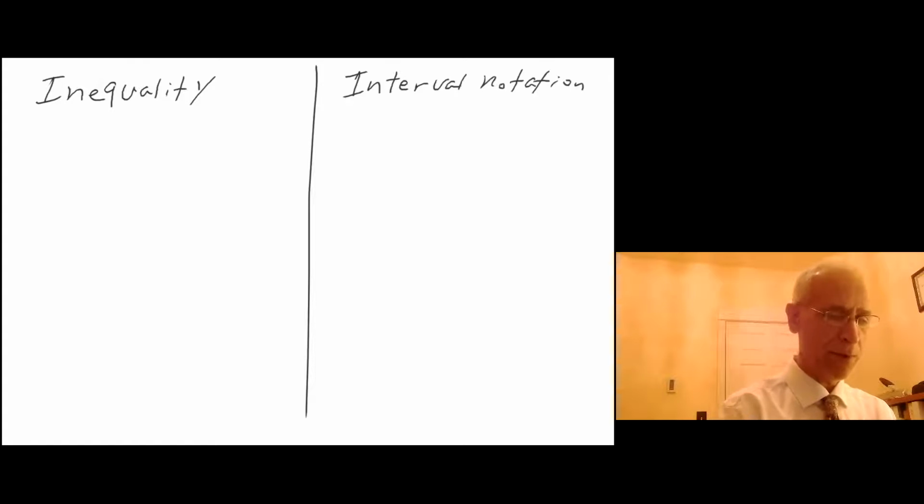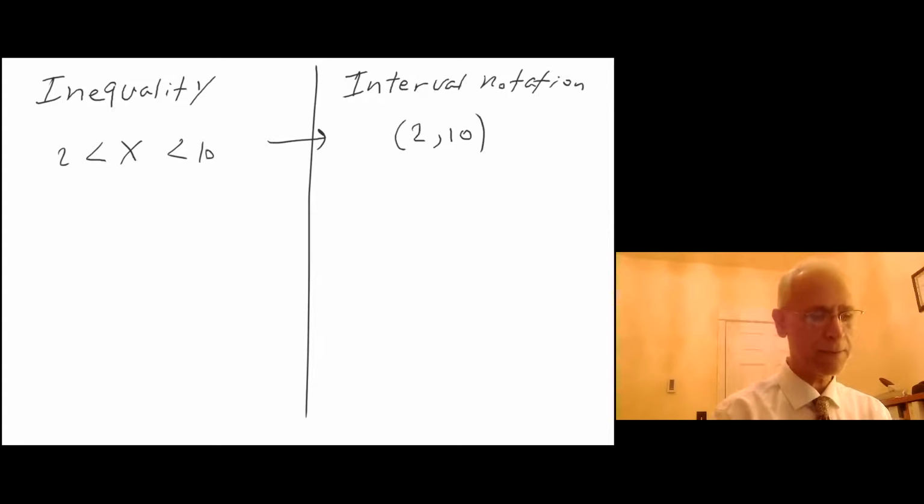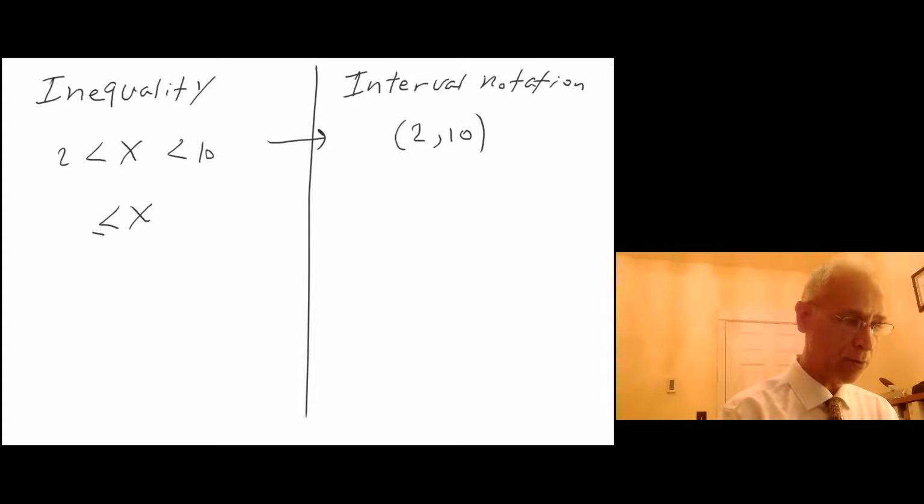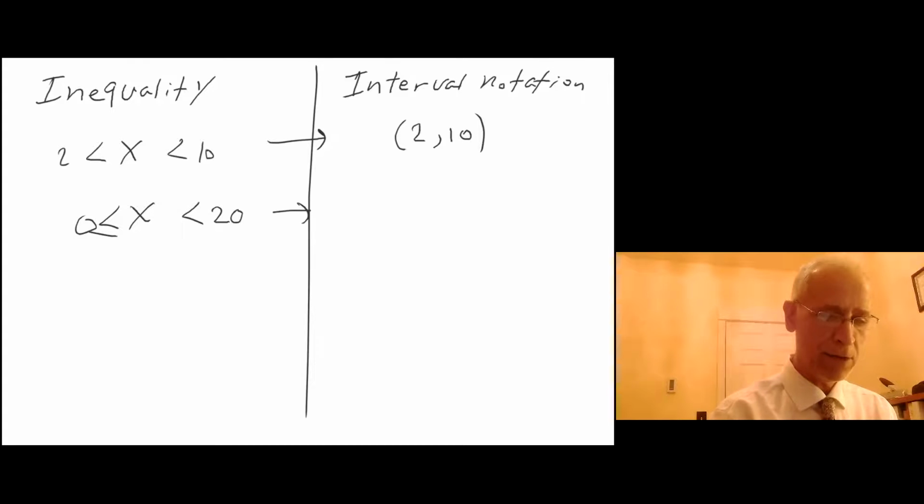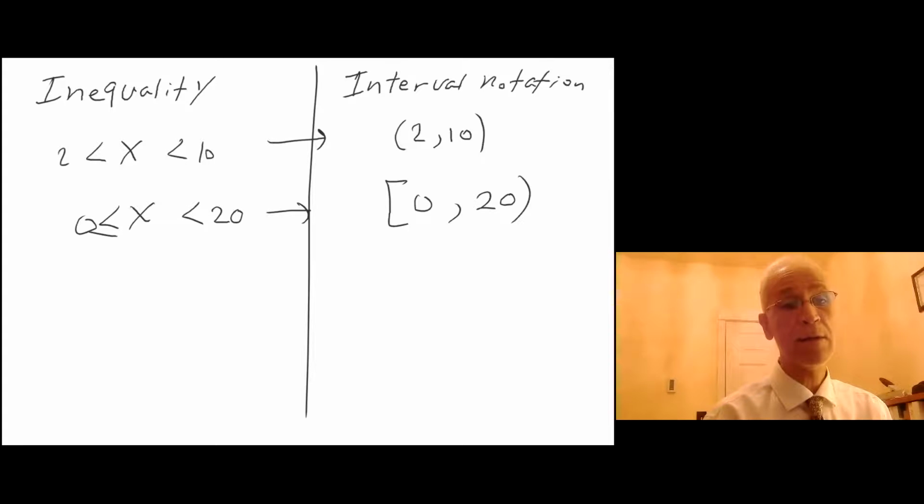So for example, if I have x between 2 and 10, in interval notation, that is saying between 2 and 10. If I have x is greater than or equal to 0, but smaller than 20, I can rewrite that as 0 all the way to 20. But 20 is not included.